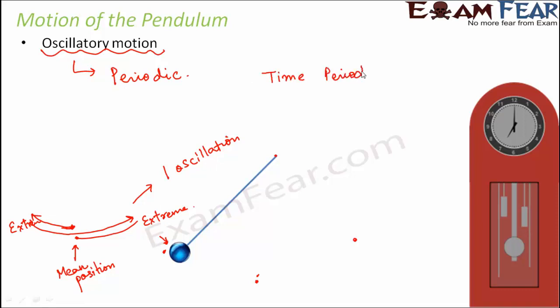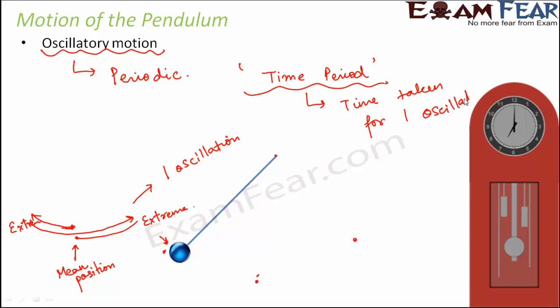So time period is one very important parameter of a pendulum. Whatever time it takes to complete one oscillation is known as the time period of a pendulum.